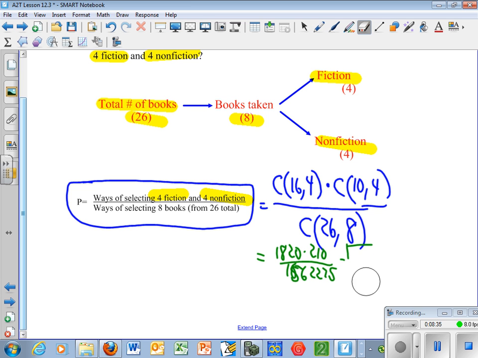So that would be what you get on top, and then you'd have to divide by that 1,562,275. And you should get about 0.245, which is about, if you listed it as a percentage, 24.5%. So there's about a 24.5% probability that that would happen.